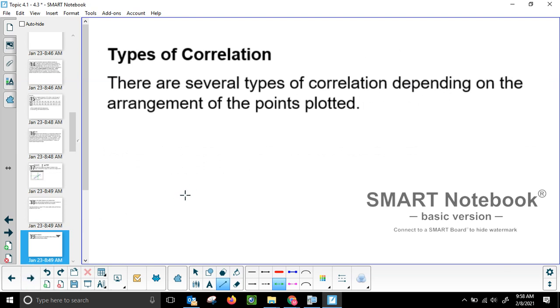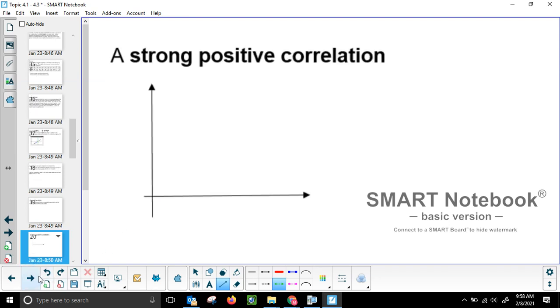There are several types of correlation depending on the arrangements of the points plotted.